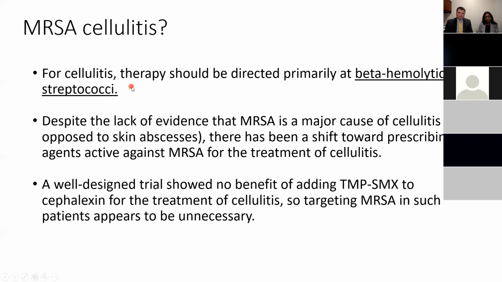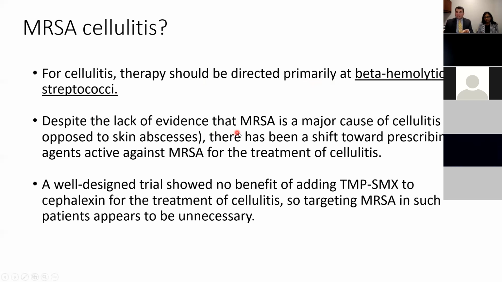So MRSA cellulitis. So for cellulitis, therapy should be directed primarily at beta hemolytic strep. So you can have cellulitis from MSSA and MRSA, and we'll see as we treat it that the first division is there pus or no pus? And if there's pus, you're thinking more Staph aureus, and if there's no pus, you're thinking more strep.